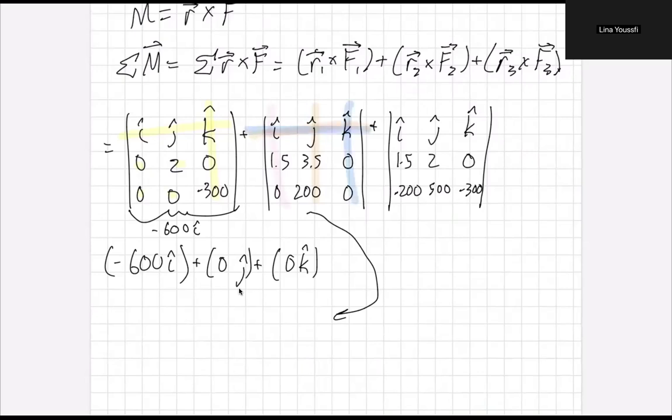And for the k direction, I'm going to have 1.5 times 200 minus 0 times 3.5. That's going to give me, what is that? 300. So I'll write that out. 0 in the I hat plus 0 in the j hat plus 300 in the k.